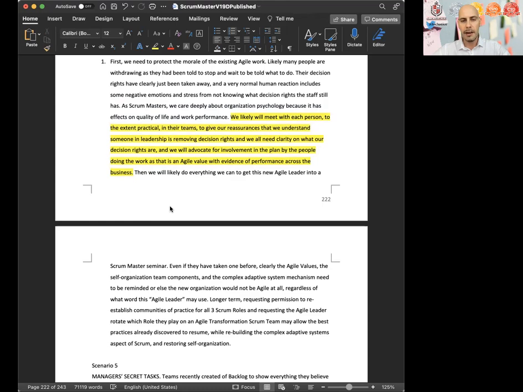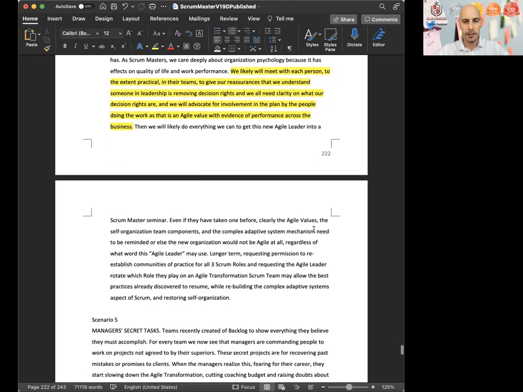Then we will likely do everything we can to get this new Agile leader into a Scrum Master seminar. Even if they have taken one before, clearly the Agile values, the self-organization team components, and the complex adaptive systems mechanism need to be reminded, or else the new organization would not be Agile at all, regardless of what word this Agile leader may use.